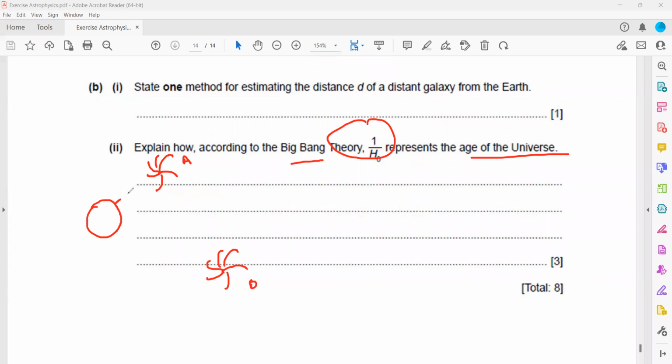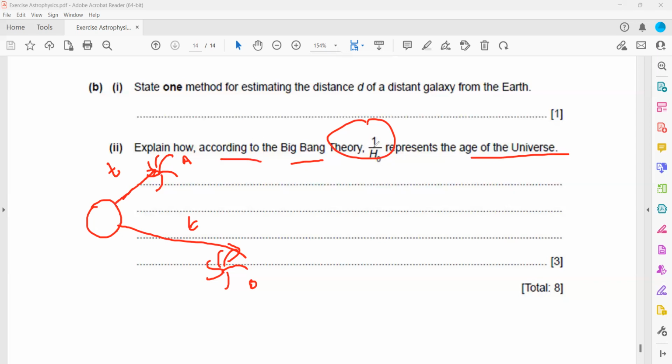So how much time this galaxy took to move away from Earth, that time is actually the age of the universe. The same for galaxy B. When we work out the time using Hubble's law, we get the same answer, because galaxies which are closer cover a shorter distance and move slower, but galaxies which are far away are moving faster and covering a longer distance.